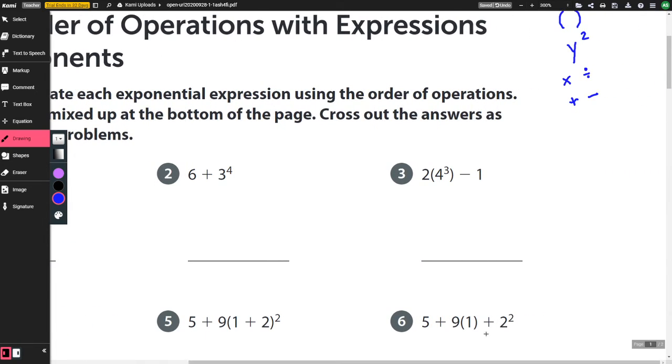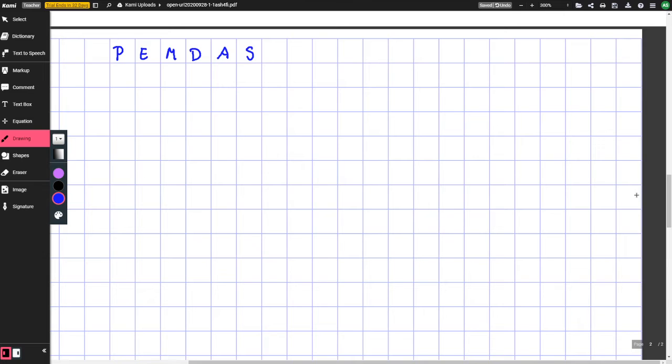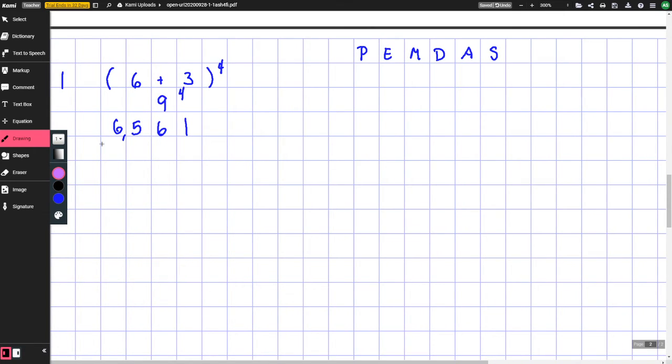Now the next one I'm going to be doing is number 6. So I'm going to do this in a different color. I'm going to do purple. Okay, number 6 is 5 plus 9, parentheses 1. This means times. When a 9 and the 1 are next to each other, that's times.